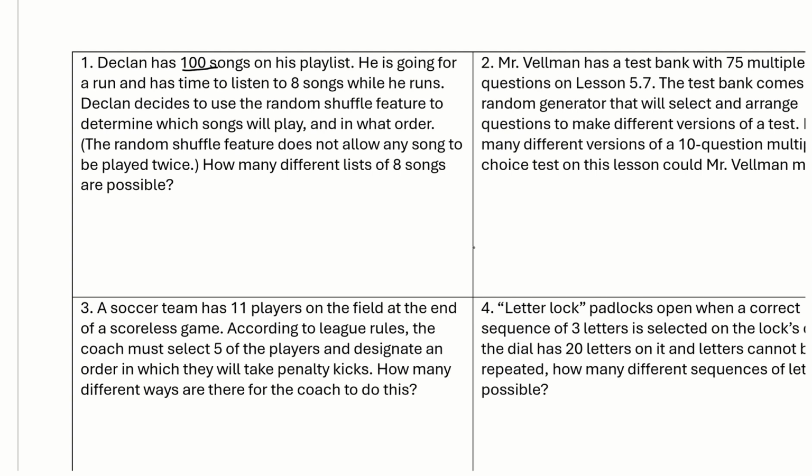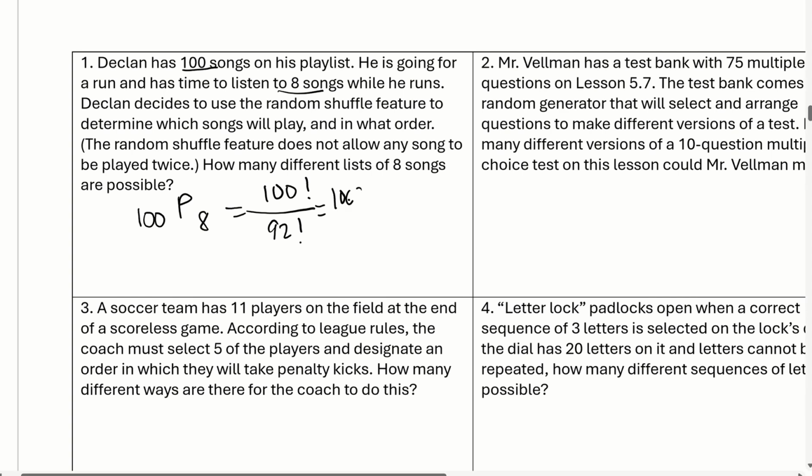So he's got 100 songs, and we have 8 songs, and then it's going to do it in that order. So we got the permutation of 100 songs taken 8 at a time. So you get 100 factorial divided by 92 factorial, which is 100 minus 8. So we have 100 times 99 times 98 all the way to 93 times 92 factorial, but then the 92 factorials cancel.